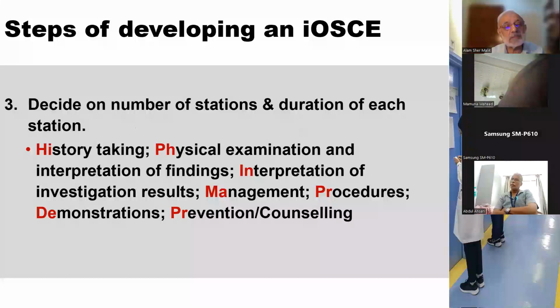So maybe the first station is history taking, the second is physical examination and interpretation of physical findings, the third may be interpretation of provided investigation results, and the fourth station may be management, procedures, demonstrations, or prevention or counseling. So in this way, one scenario would be covered in quite some detail.